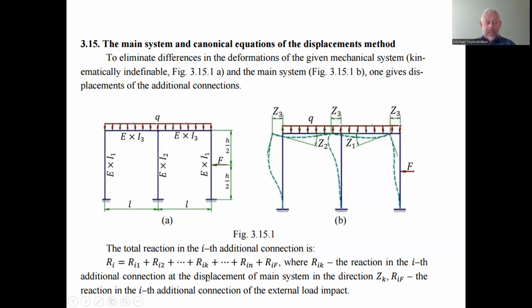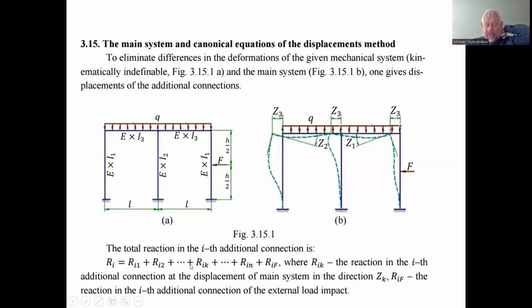So it could be R1, the force arising after this displacement in the point of the right corner of the main mechanical system, which satisfies the assigned system.